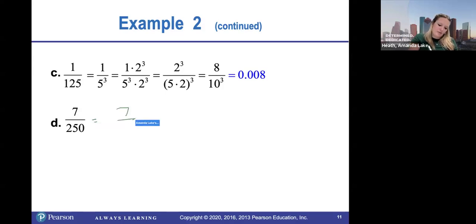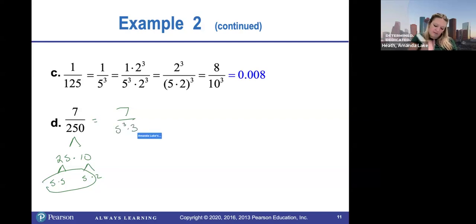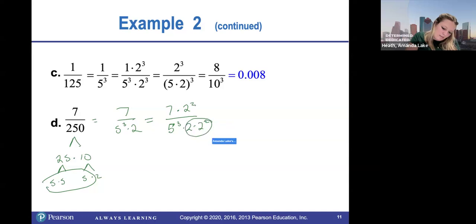And then 7 over 250, we need to factor 250. So 250 is the same thing as 25 times 10. And 25 is 5 times 5. And 10 is 5 times 2. So I have 3 5s and 1 2. So this is 5 cubed times 2. And to get that into a power of 10, I can multiply the numerator and denominator by 2 squared, because this will become 2 cubed.